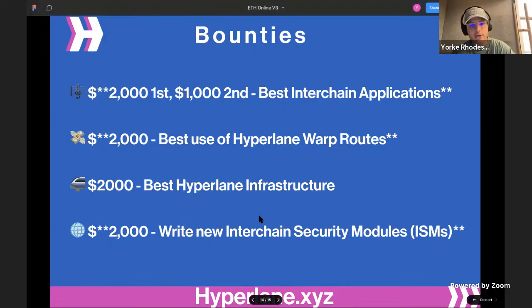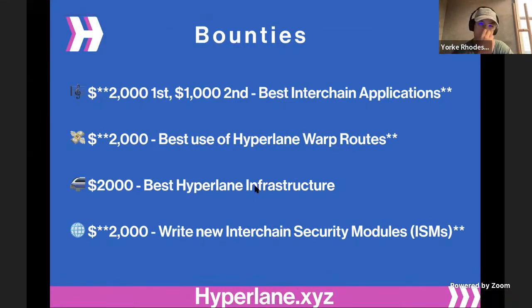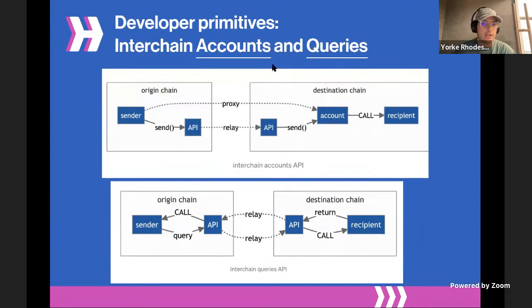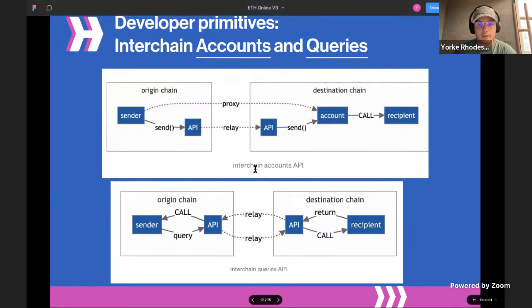And then infrastructure is kind of open-ended. Basically, this would involve contributing to something that improves the developer experience of building on top of Hyperlane. So that can be anything from additional monitoring, maybe you can build some sort of front end component that allows you, as a developer, to leverage interchain accounts. You could have a wallet integration.